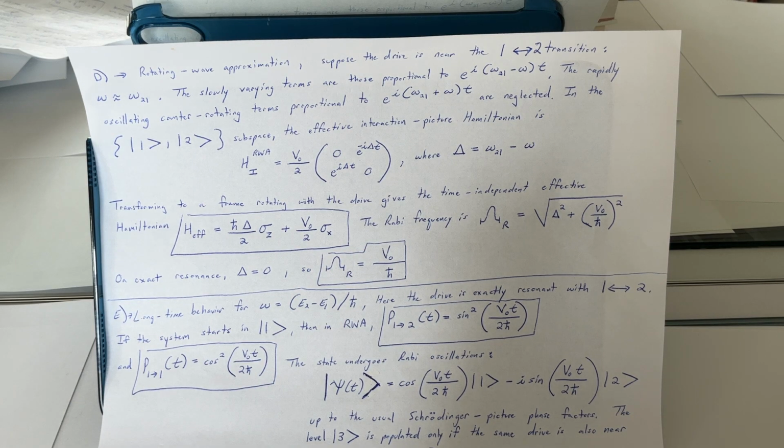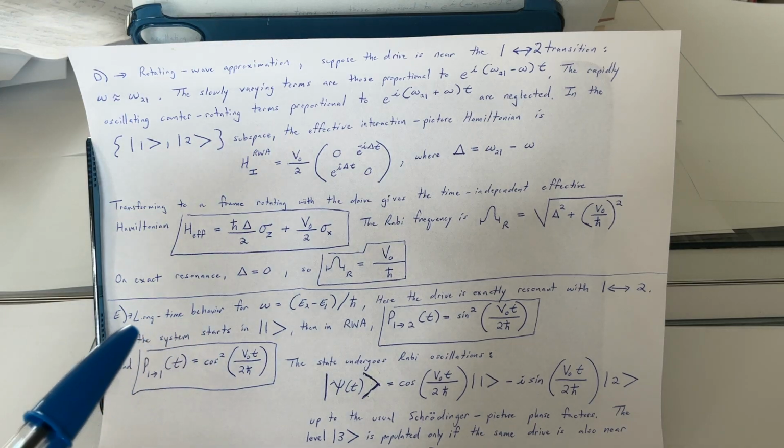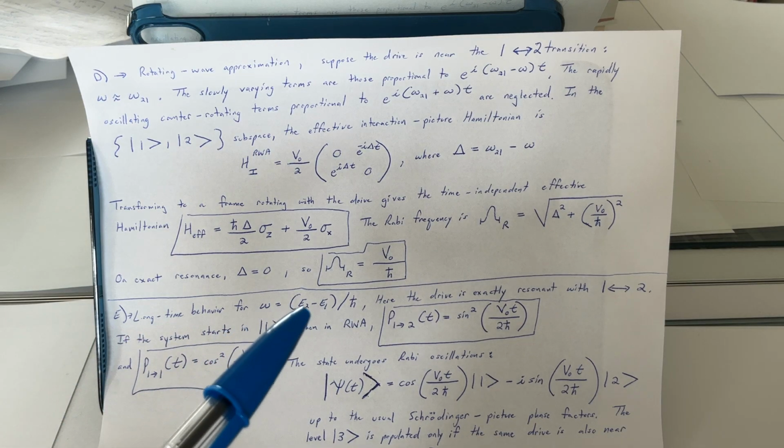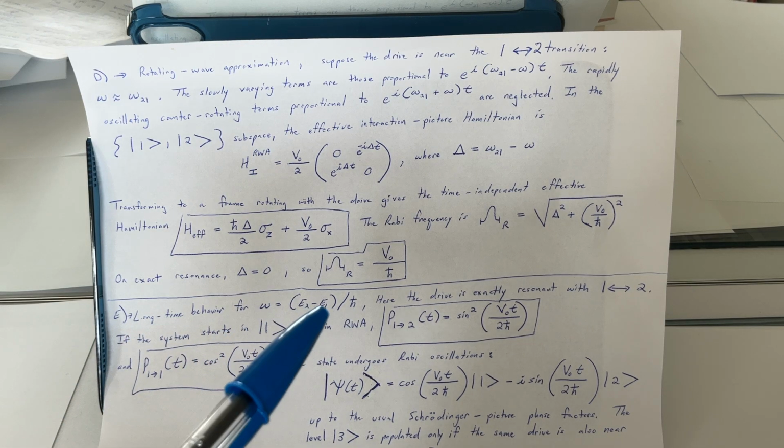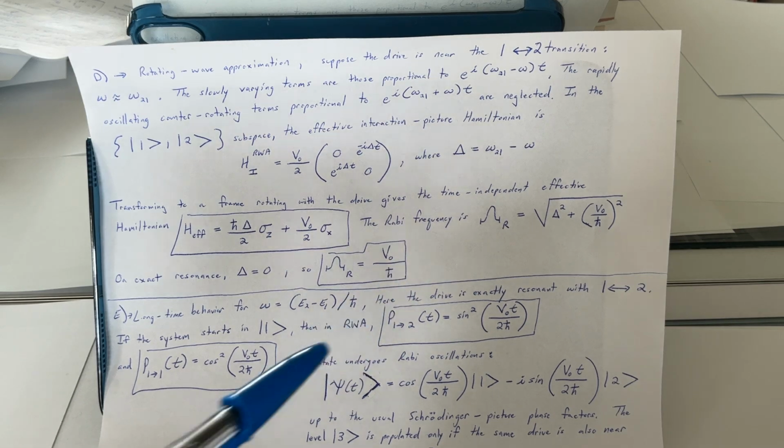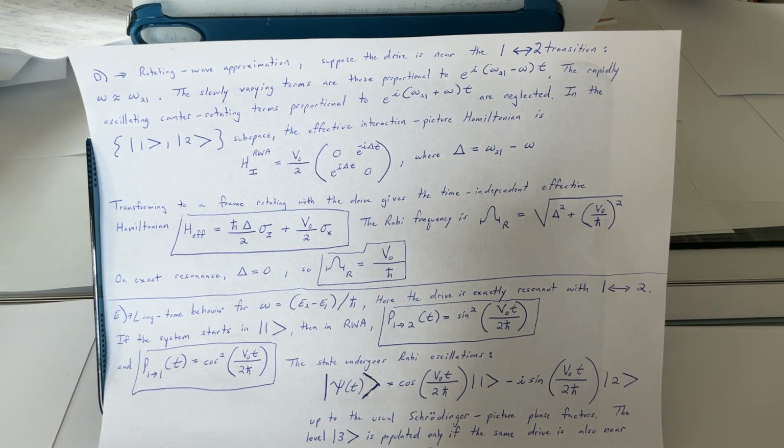And for letter E, we want to determine the long time behavior when omega equals E sub 2 minus E sub 1 over H bar. So for this long-term behavior, the drive is exactly resonant with this coupling 1, 2.